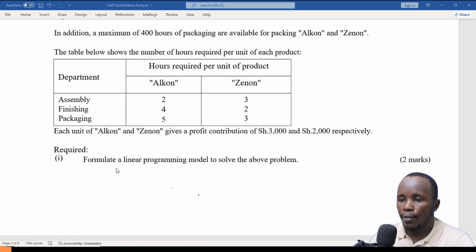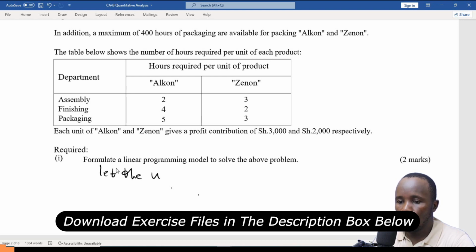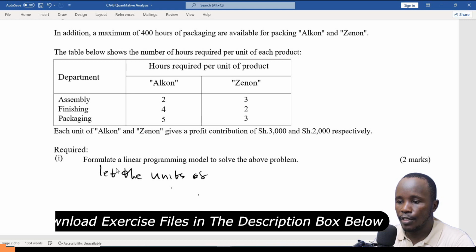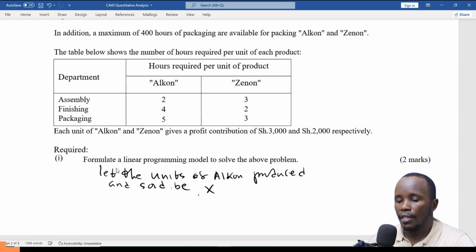Now, here, you don't know how many units of Alcon and Xenon are being produced. So we begin by saying, let the units of the first one, Alcon, produced and sold be X. That's the first step.